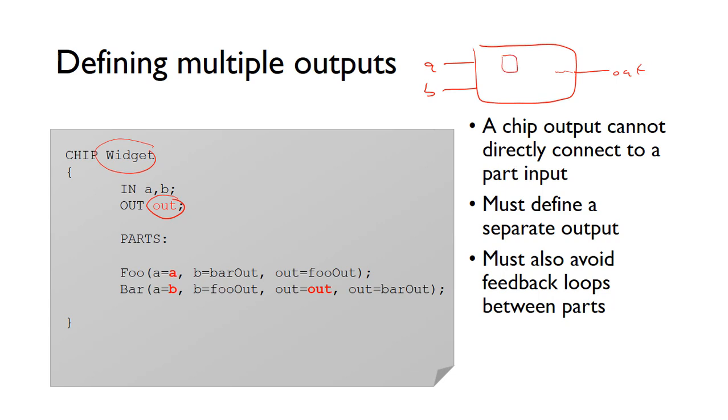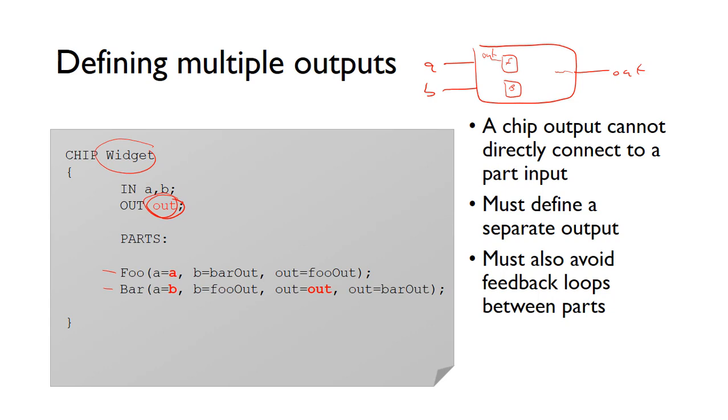So if we've got different parts here, in this example I've called one foo and one bar. Let's say this is foo and bar. This name out cannot be used for an input into one of these parts. We cannot do that. But we can define a separate output.